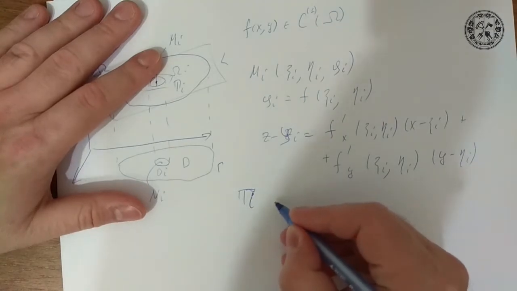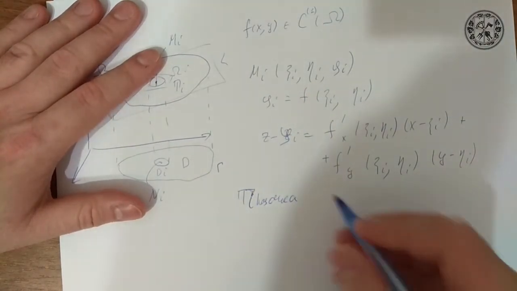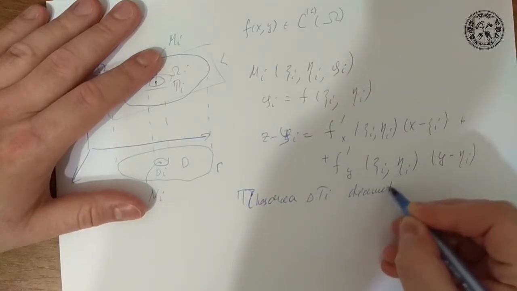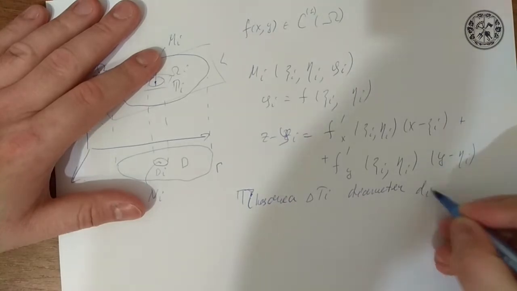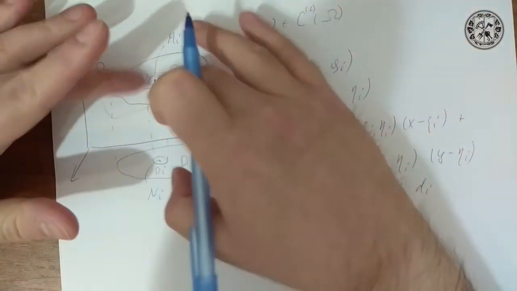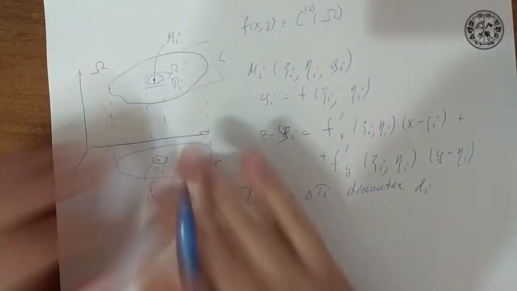It has area delta T i and diameter d i, and this piece projects on D, inside d i.